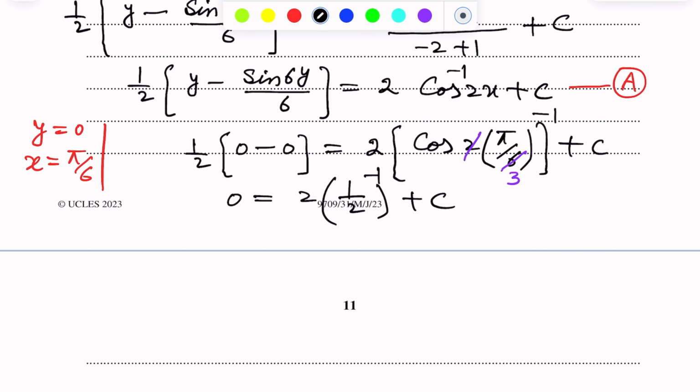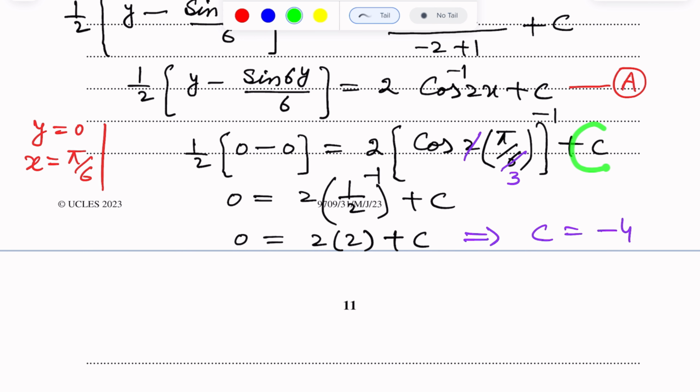From here 0 is equal to 2 into 1 over 2 power negative 1, that is 2, plus c. From here we get the value of c is equal to negative 4. The value of the constant of integration, we have found, c is equal to negative 4.